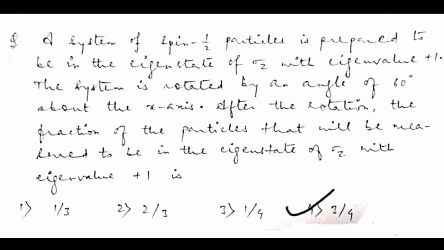So you're having a system already prepared to be in the eigenstate of sigma z with eigenvalue +1, but now the system has to be rotated.